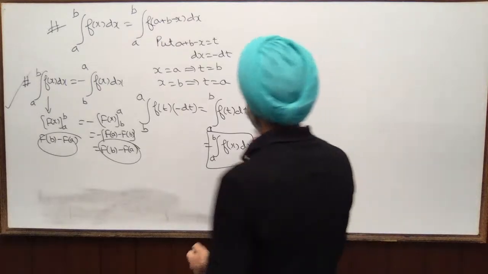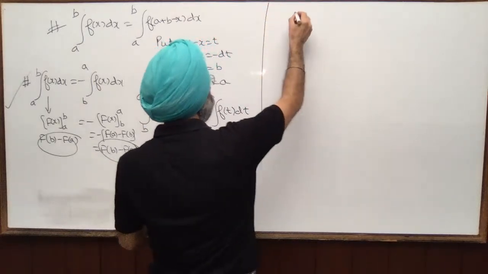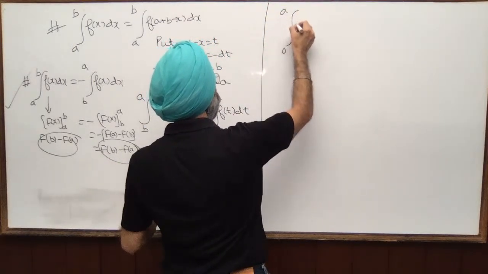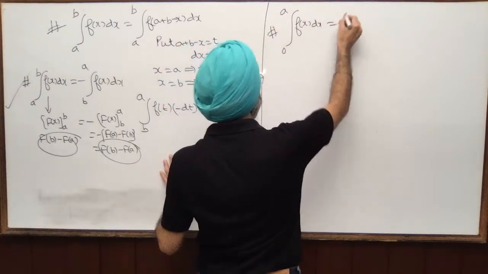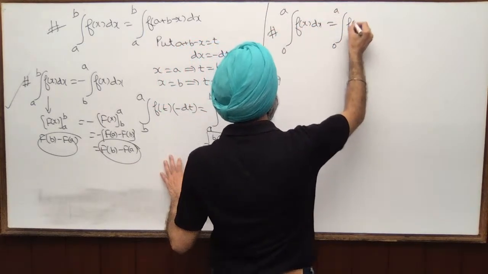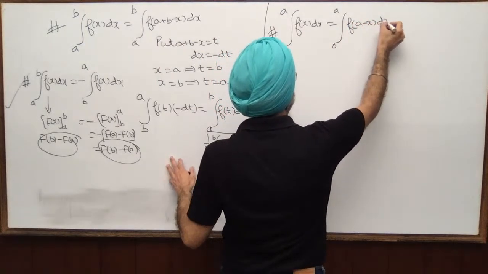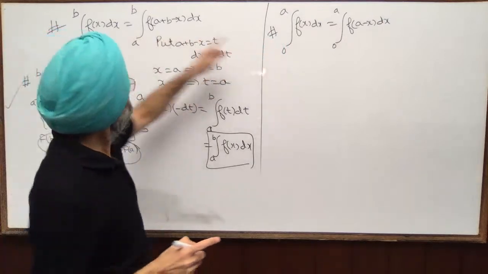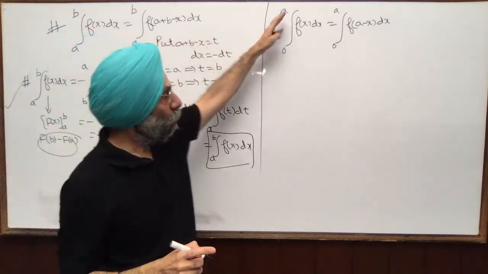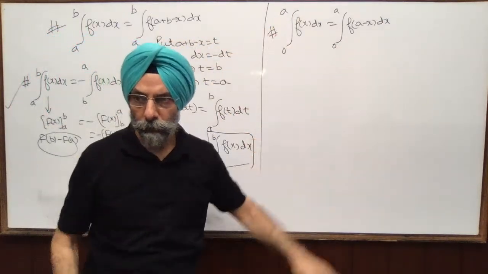Okay. So next is integral 0 to a f(x) dx is equal to integral 0 to a f of a minus x dx. Check it, son, it is the same property as a to b, here it is 0 to a, but still I am going to prove this.